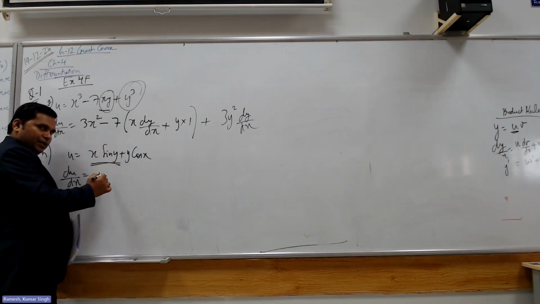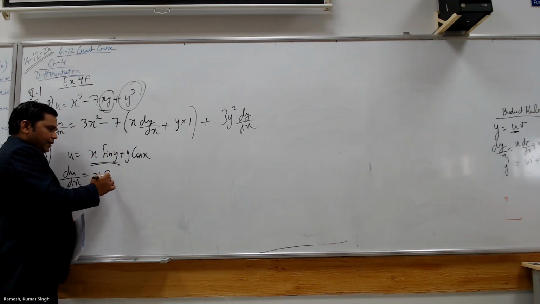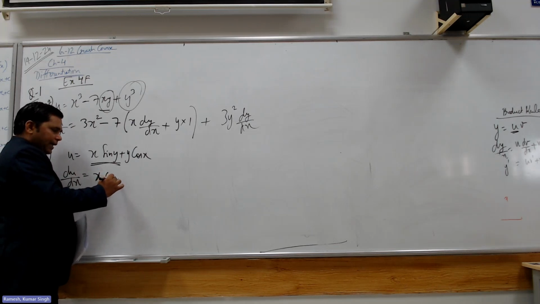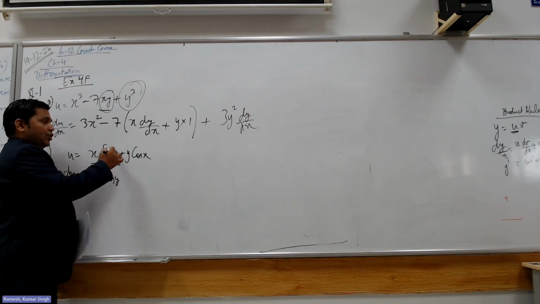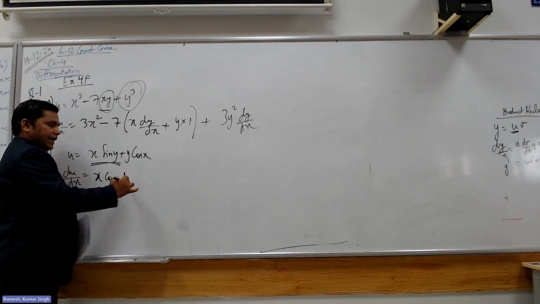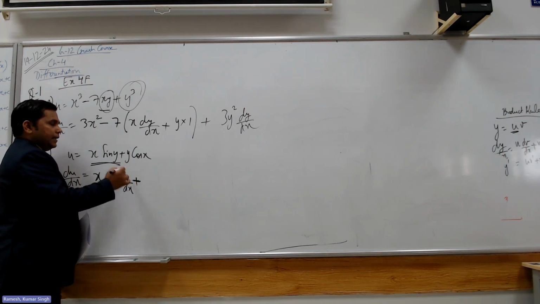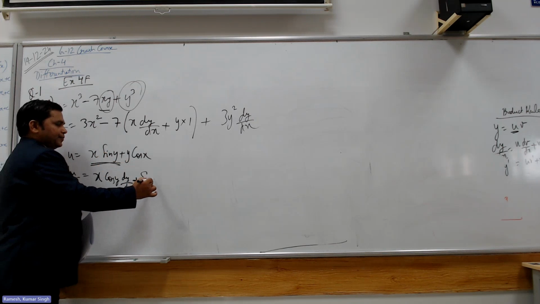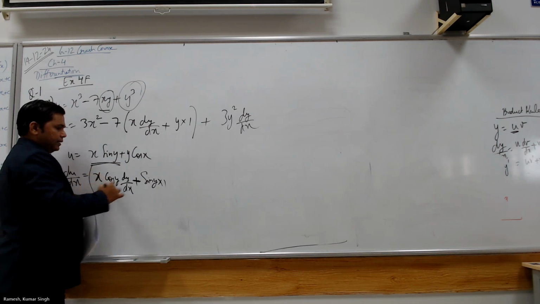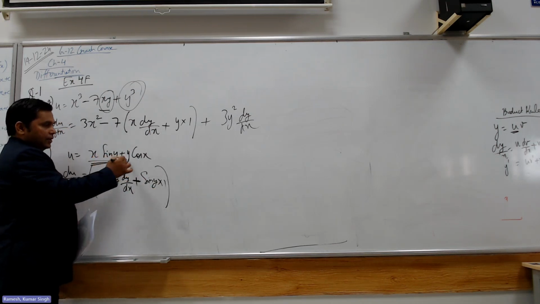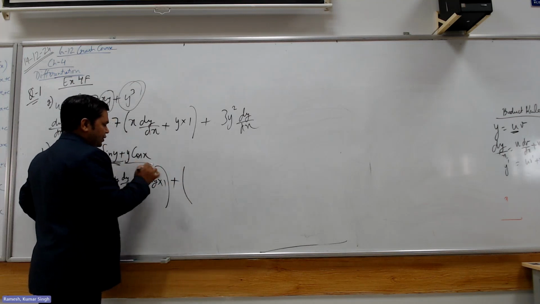Differentiation of sine, say cos. Okay. So cos y, plus, this is not enough, because we are differentiating y, we need to write dy over dx. Then sine y times 1. That's the differentiation of this. Now we're going to differentiate this one.